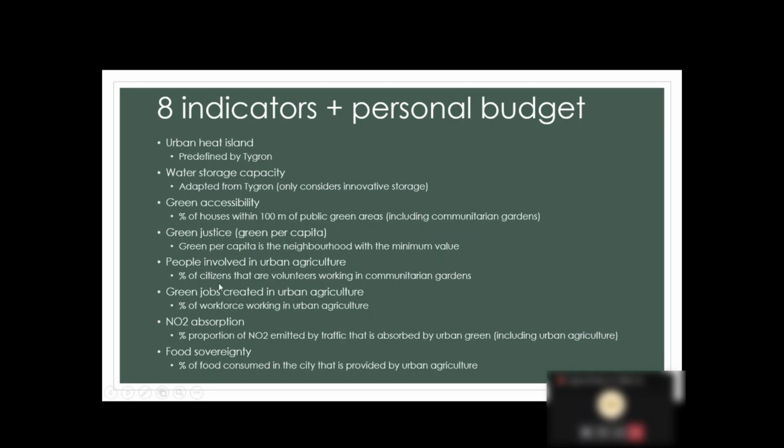I had a bit of trouble with min grid value and max grid value, because I think I'm a bit dyslexic with these kinds of things. Another indicator is green justice, which is the amount of green per capita in the city, but the score only takes the score of the neighborhood with the lowest score.